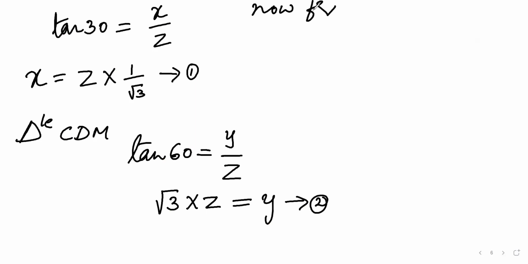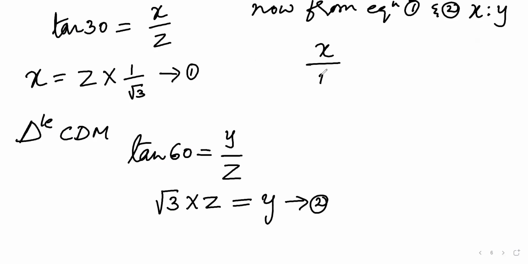Now, from equation 1 and 2, we need to find the ratio of x is to y. So what I will do, equation 1 will be divided by equation 2. X divided by y equals z into 1 by root 3 whole divided by z into root 3.